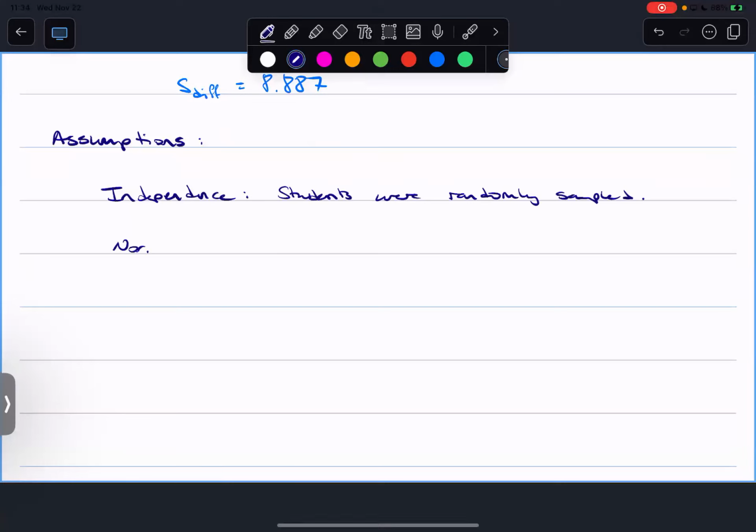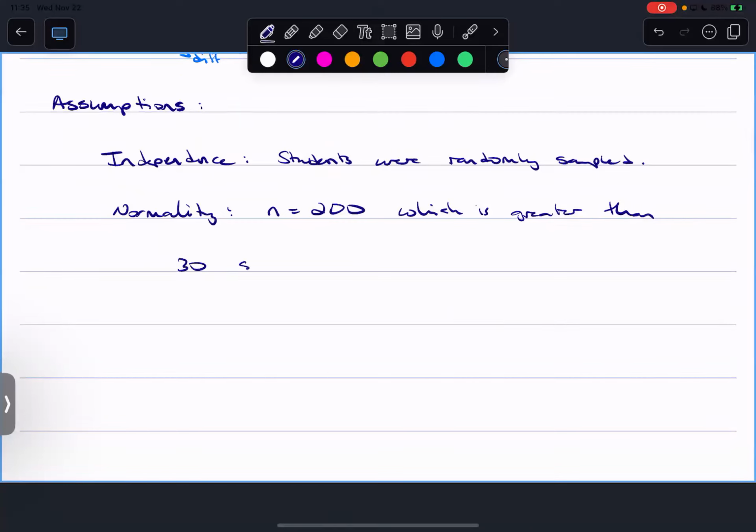Normality: our sample size is 200, n is 200, which is greater than 30, so we can assume normality. We also saw the histogram. The histogram looks approximately normal.